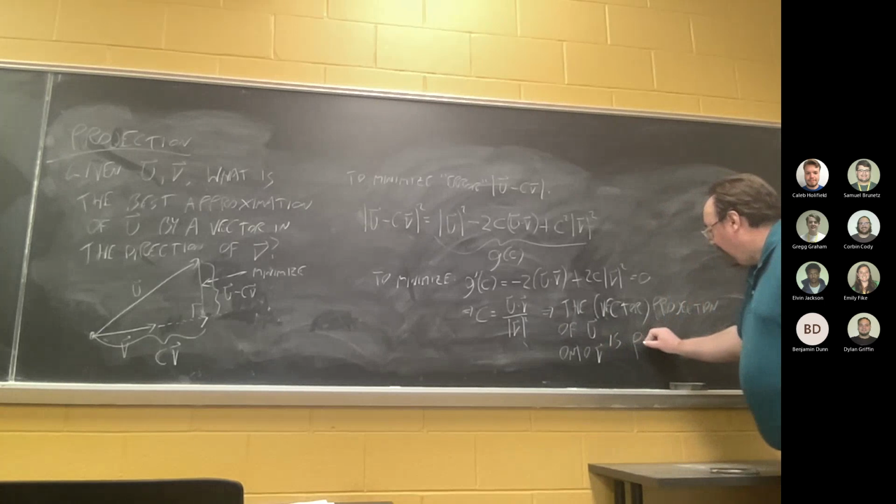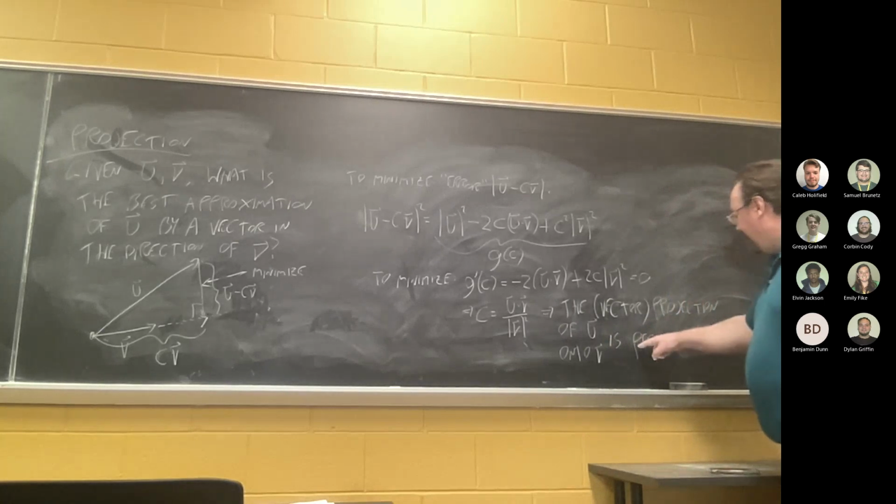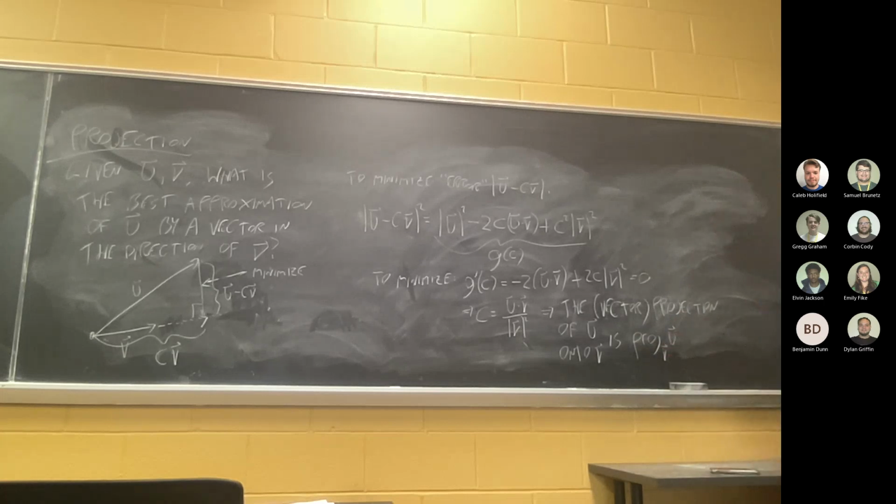The way it's labeled is proj of u with v as a subscript, and the formula for it is, so this is what you use in the homework. This scaling factor is c, u dot v over magnitude of v squared, times v. Okay. So for a homework problem, you're asked, here's vector u, here's vector v. What's the projection of u onto v? You work this out, and you're done.